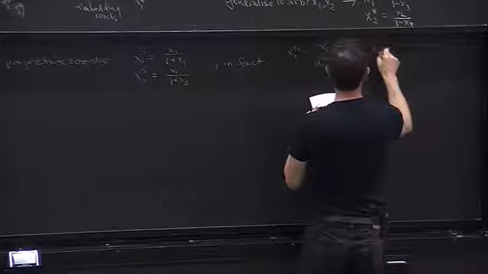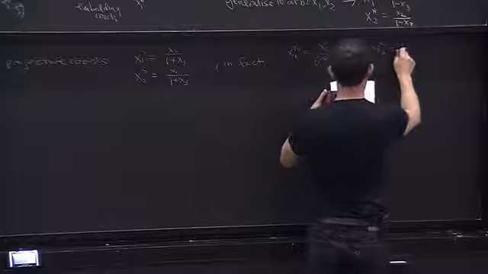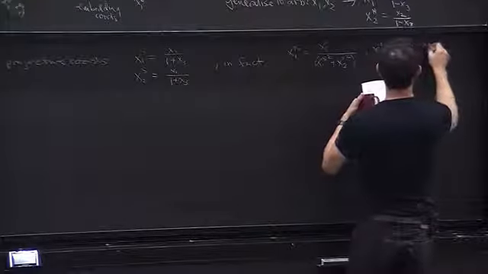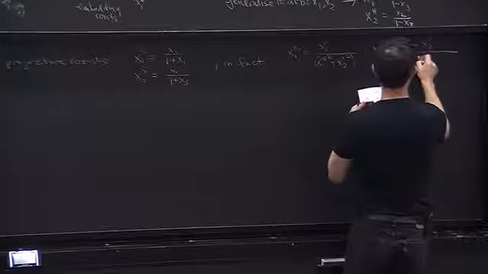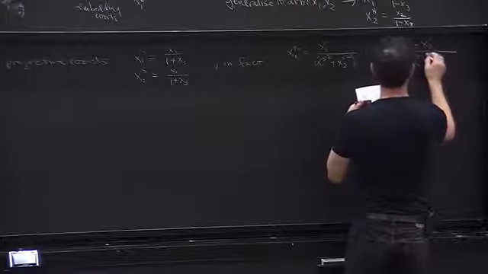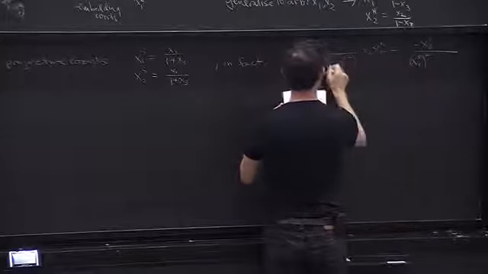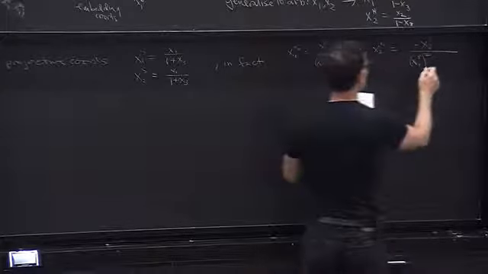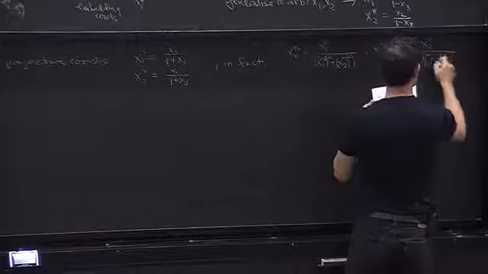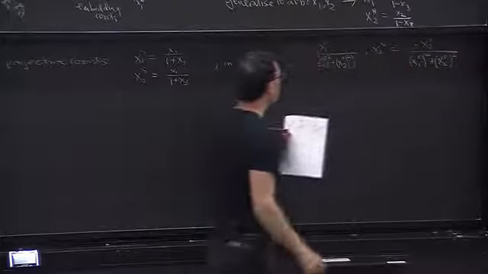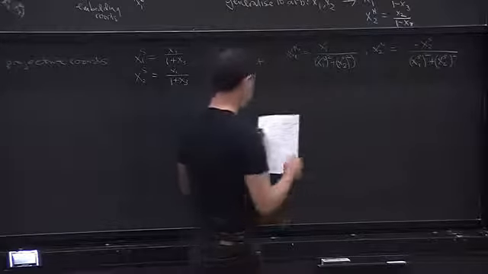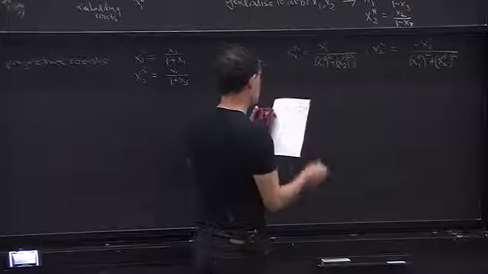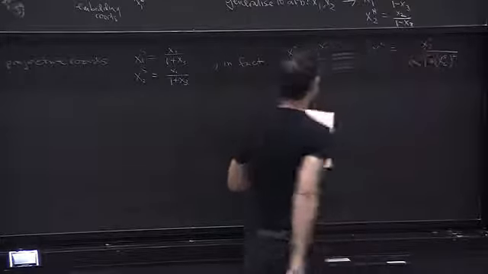And x2 north is x2 south over x1 south squared, put these brackets here, plus x2 south squared. Sorry, there's no minus there.